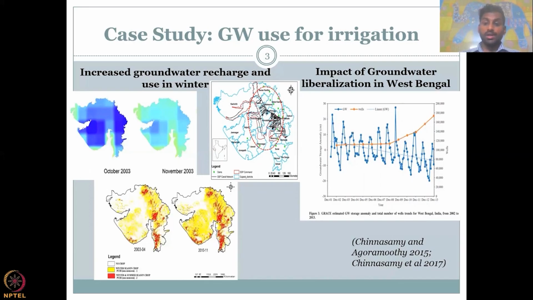However, the study clearly found a correlation between the number of wells that started to jump after the liberalization of the wells in West Bengal, from 2005 to 2015, and the most impacts were seen in 2015.